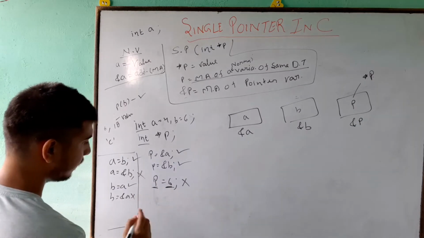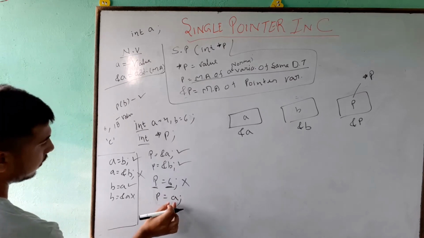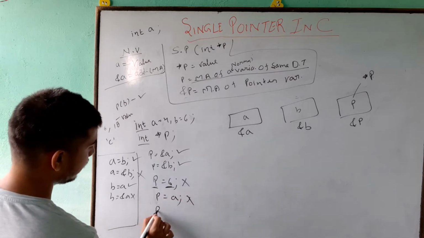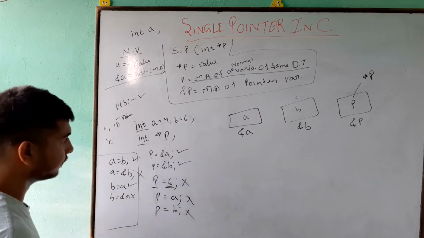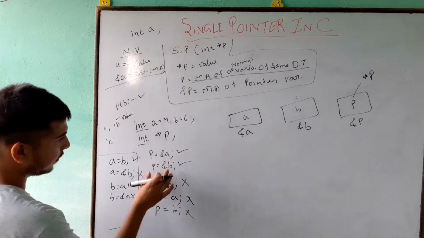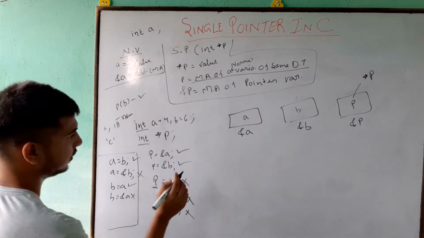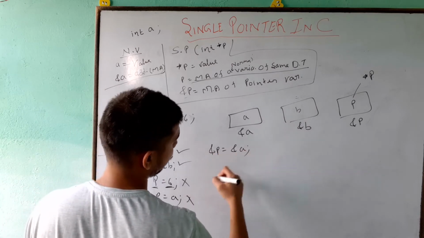Let's say p = a. Again, this is a value, we cannot hold it, error. p = b, error. Now p = &a and p = &b are valid. Is there any condition? Yes. If I try to do &p = &a, what will happen?